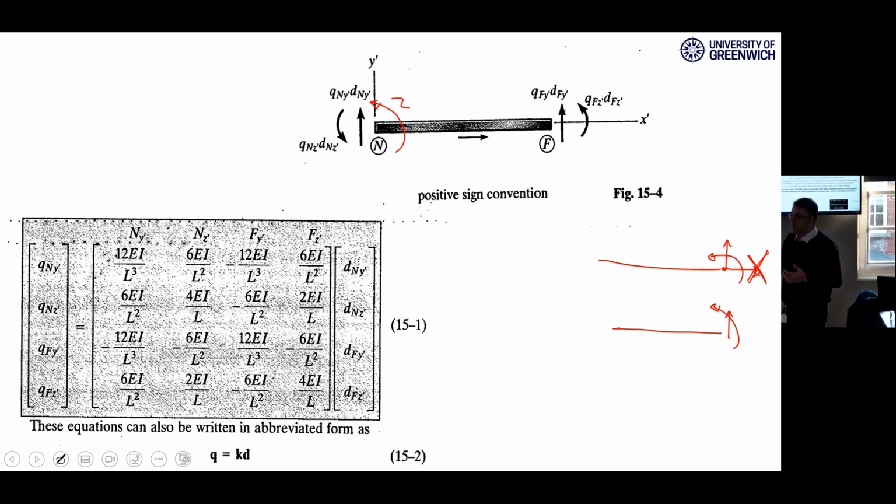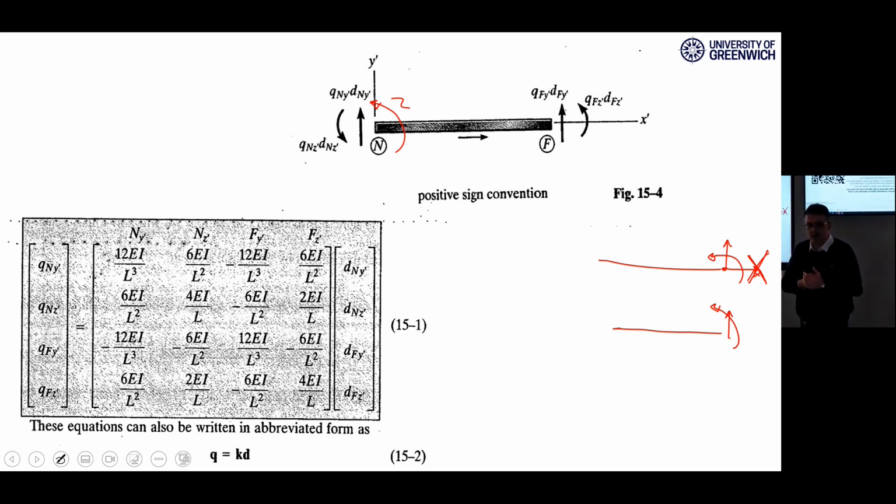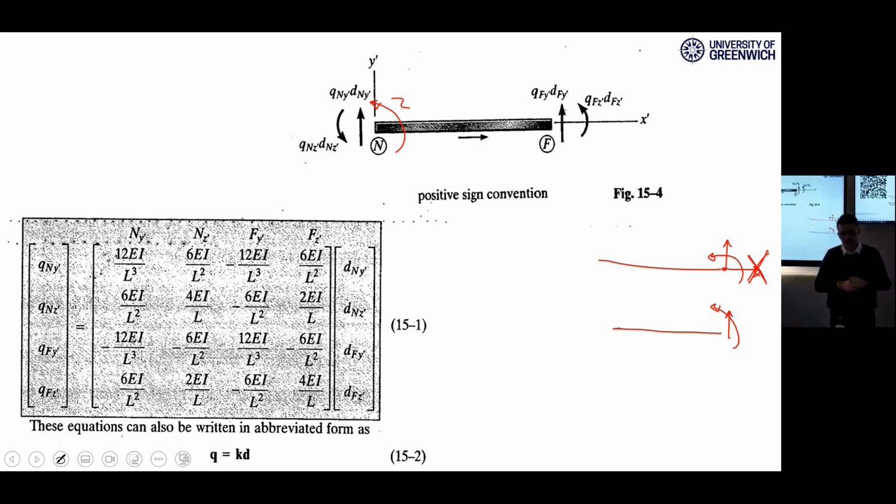How many nodes you have in your structure, multiply it by 2 is the degree of freedom of your system. In any kind of beam structure, if you have a continuous beam, with many beams connected together, just count your nodes and multiply it by 2. 2 means 1 vertical, 1 rotational. That would be the number of degrees of freedom in your system, right?